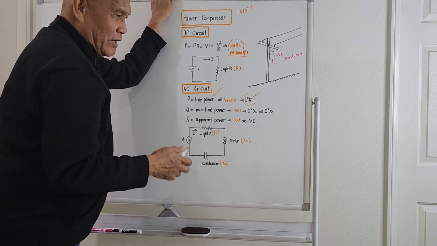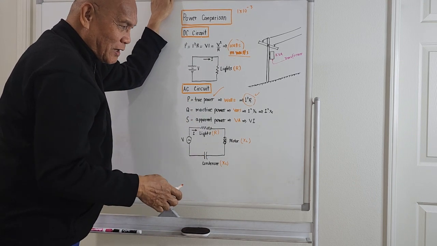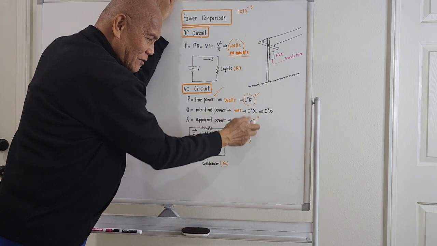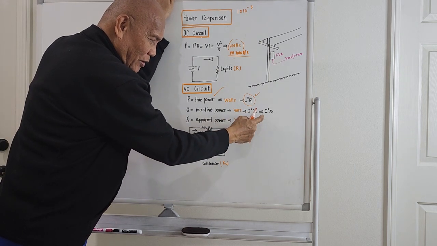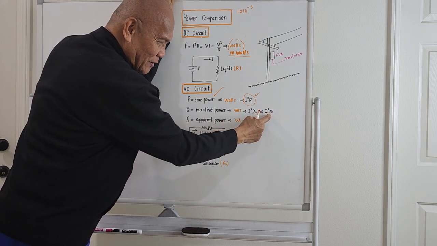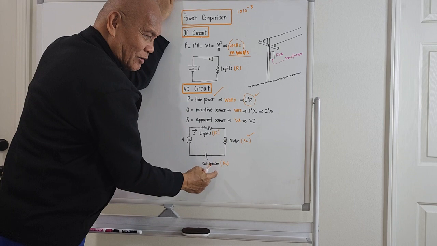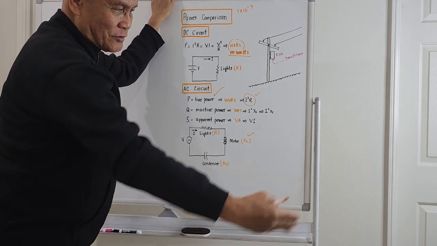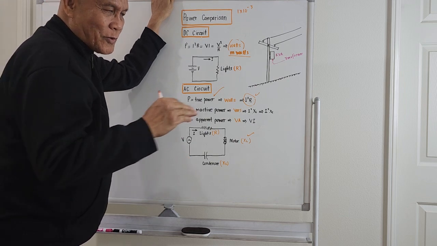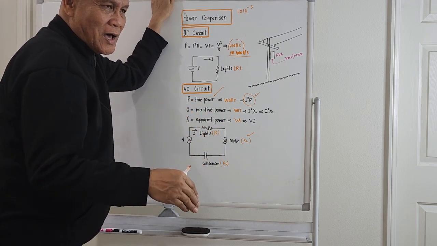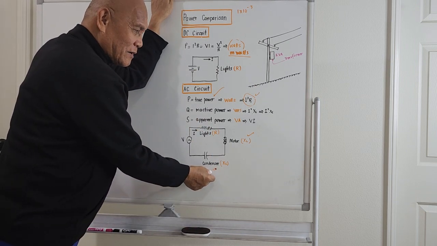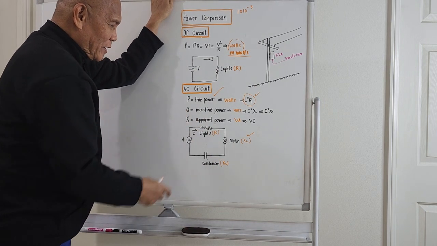The formula for taking the value will be the square of the current times the inductive reactance of the motors, or the square of the current times the capacitive reactance of the condensers. Condensers meaning it's just like a capacitor, because there are motors in which if you try to overexcite them, they will act like a capacitor. That's why we call them condensers. That's the second power.